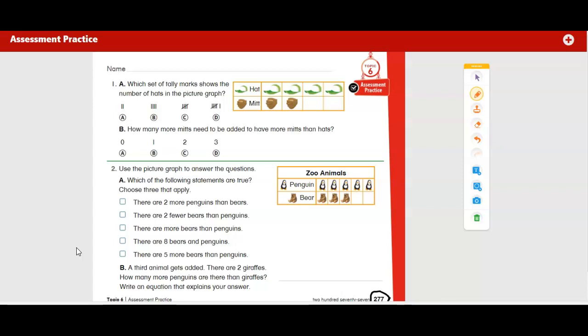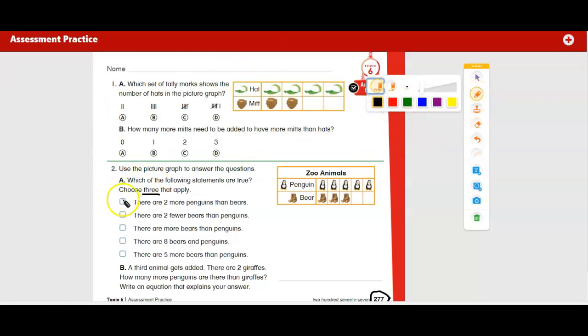For number 2, it says use the picture graph to answer the questions. Part A says, which of the following statements are true? Choose 3 that apply. You do have a question like this on your test, and if you do not answer all 3 of the choices, it does not give you all of the points, so it is very important to pay attention to that.